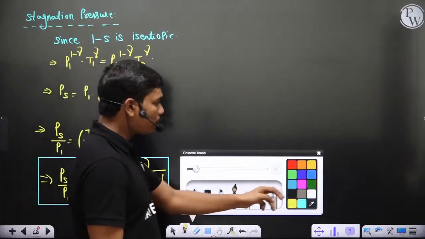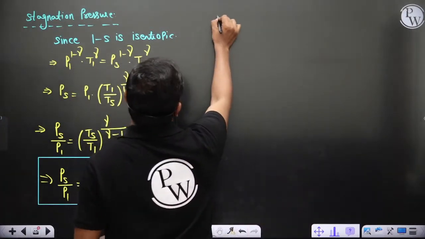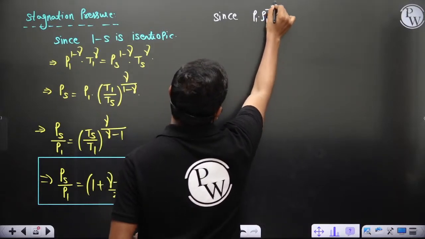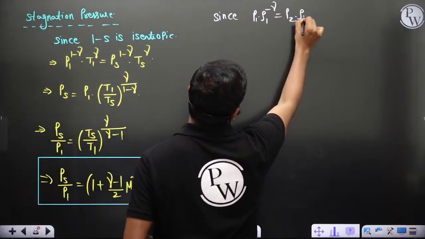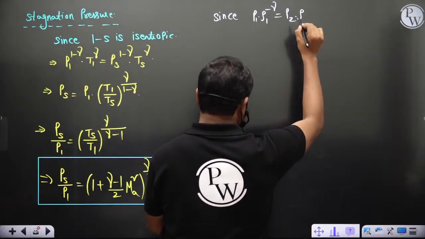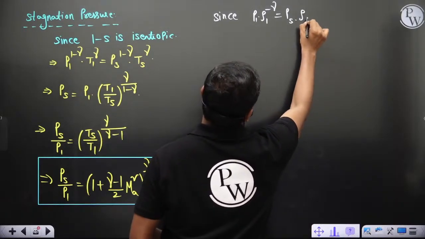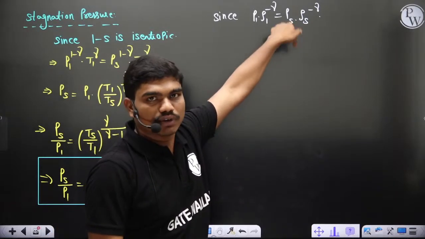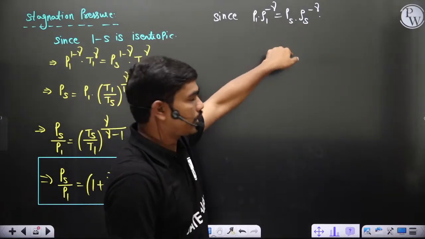And if you talk about densities, we know P1 rho1 power minus gamma is equal to PS rho S power minus gamma, because P V power gamma is equal to constant, V is 1 by density, small v I'm talking about.